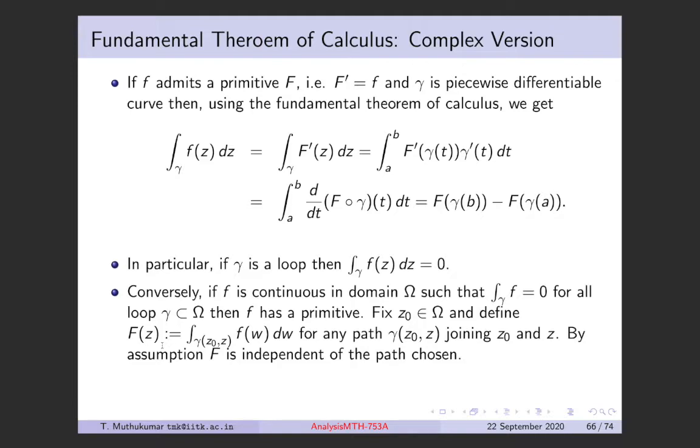Now, as h goes to 0, you need to show that the limit of 1 over h times the integral from z to z+h of f is little f, right? That's what you need to show.